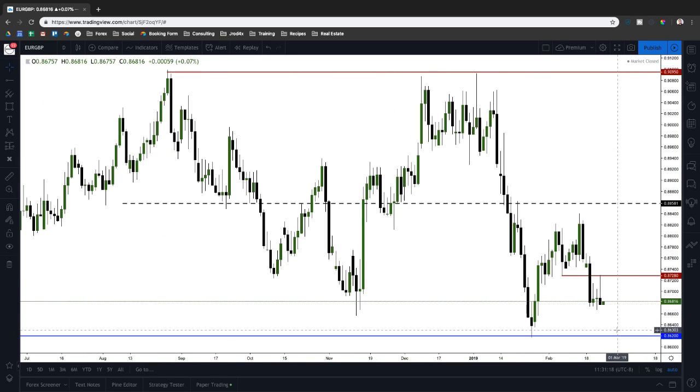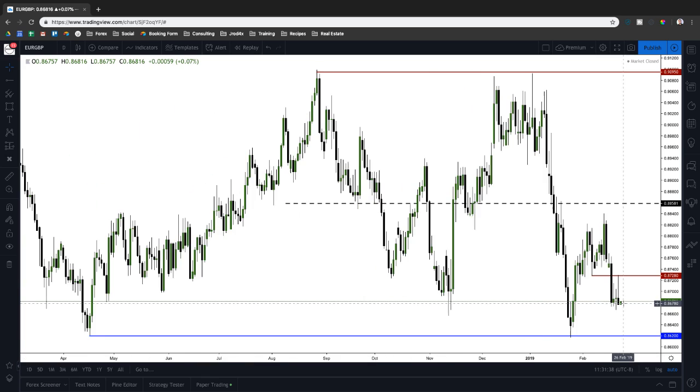Once we get down below that, it will be based on how price action acts around that level. Are we wicking around the level? Are we breaking through it with big bearish candles? If that's the case, then we're going to look for lower prices. But if we're just wicking through it, then we may find support and consolidate back and forth in this range that we've been in for a while.